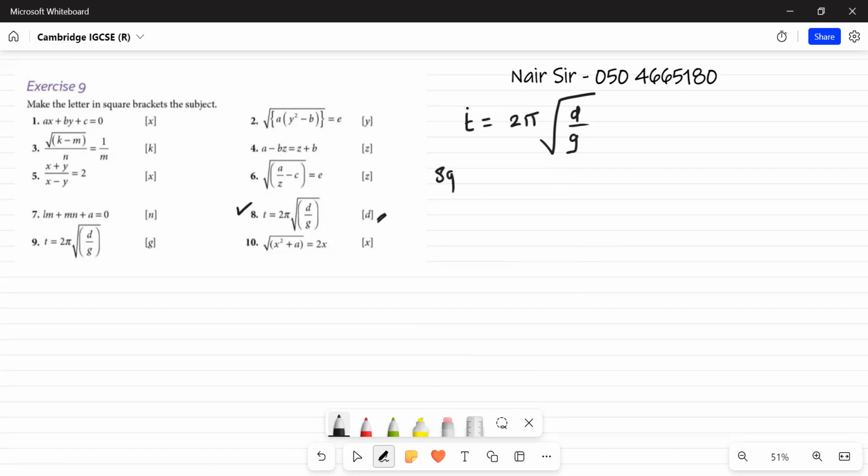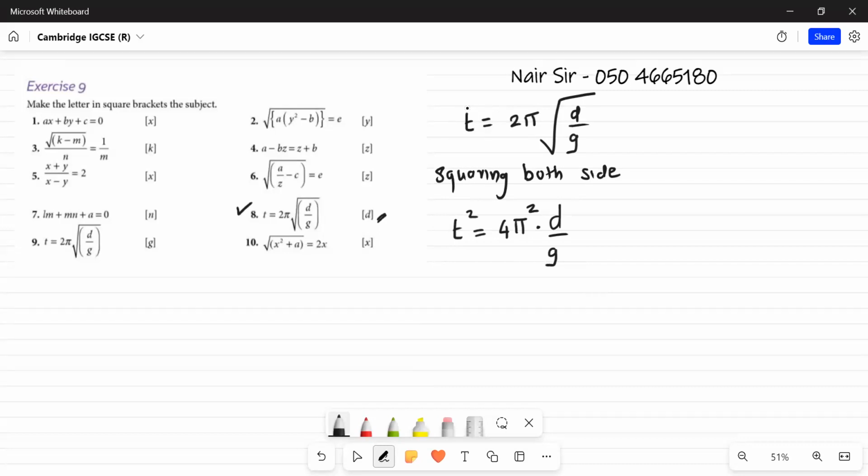So squaring both sides. So what do I get? T square is equal to 2 pi, which is 4 pi square, into b upon g. So this is very easy.